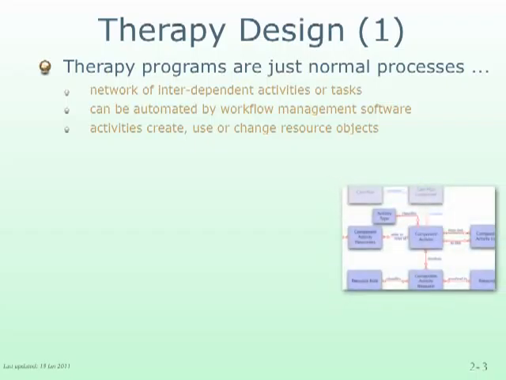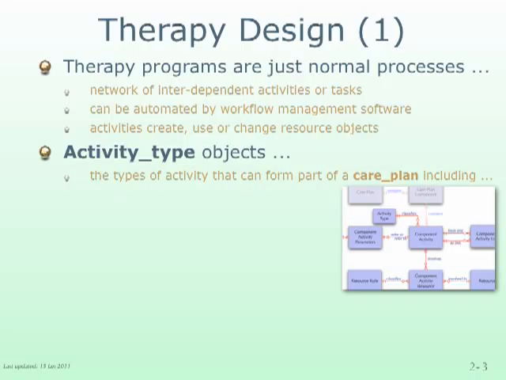Now, the flexibility needed by the Stroke Rehab app is provided by classifying each activity that forms part of a therapy program into a number of different activity types. So we need to define some activity type data objects to represent the various types of activity that might be included in a therapy program or a care plan.